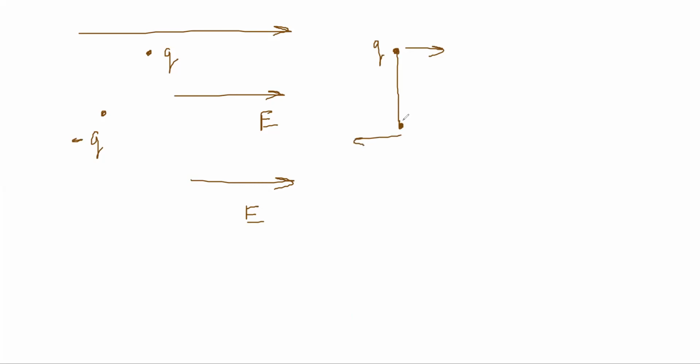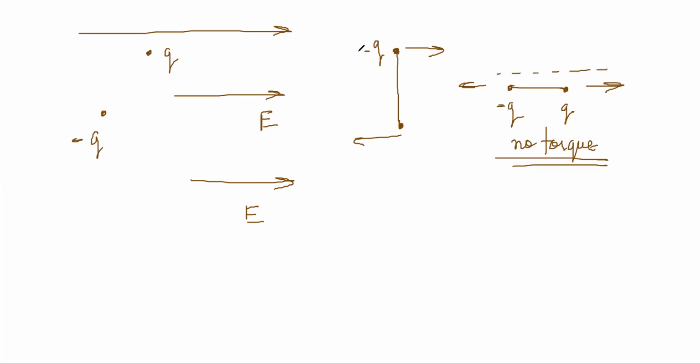Clearly the forces are not along the same line. But if the dipole was like this, then no torque, because forces are cancelling out. They are along the same line. Here the line of action of the forces is different, and here also the line of action is different.